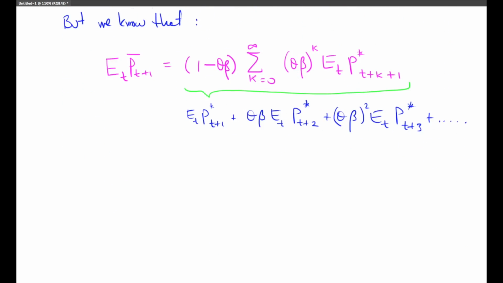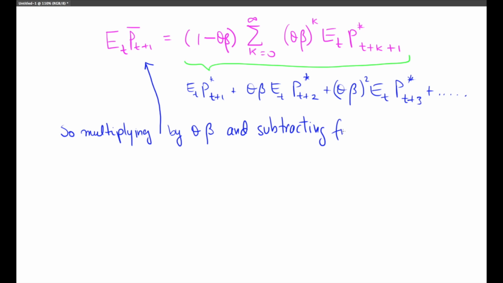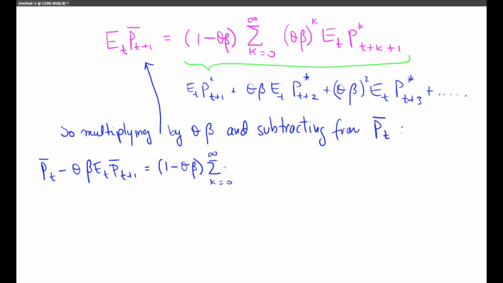The only difference is that we move the equation from t to t plus 1, and we're not going to multiply now by theta and beta. And if you multiply by theta and beta and subtract from the former equation, you will get this very big expression.